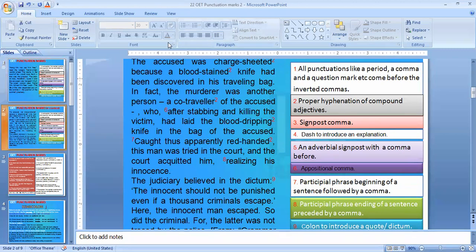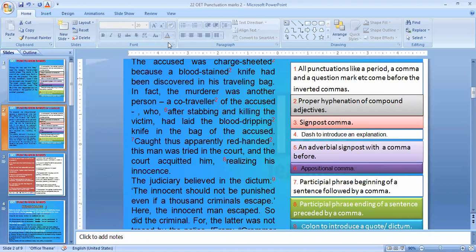The accused was charge sheeted because a bloodstained knife had been discovered in his traveling bag. In fact, the murderer was another person, a co-traveler, who, after stabbing and killing the victim, had laid the blood-dripping knife in the bag of the accused.